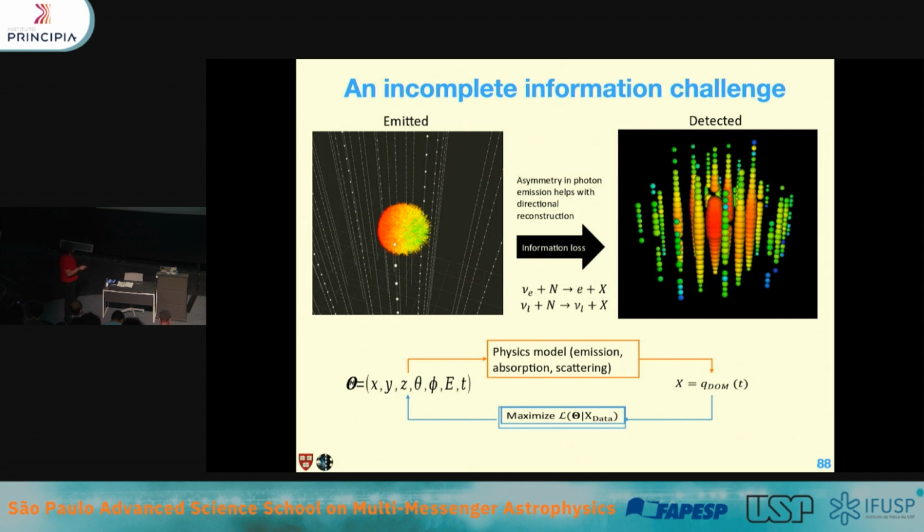Then you try to predict, via some model that knows about muon physics and about scattering and absorption of light, the distribution of photons in each of your photomultiplier tubes, and then you fit that. What we are fitting for is the time series of light in each of these sensors, and we try to obtain these parameters with a likelihood loss.